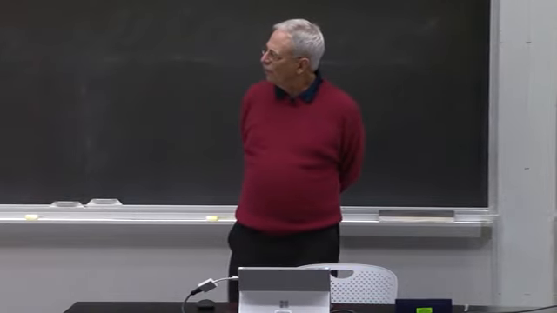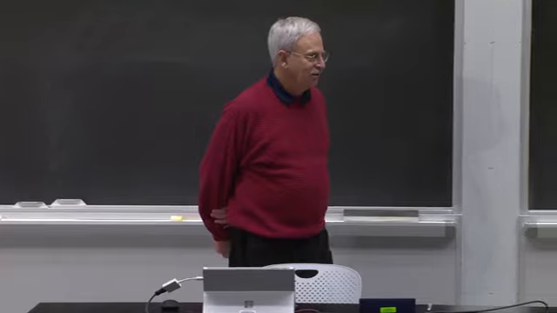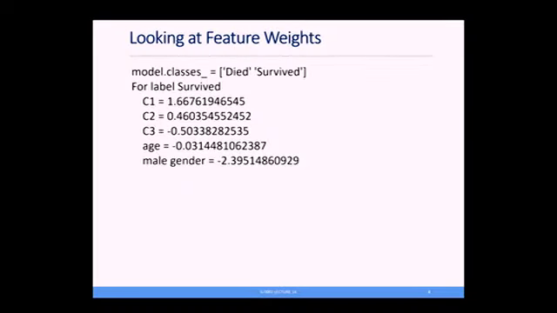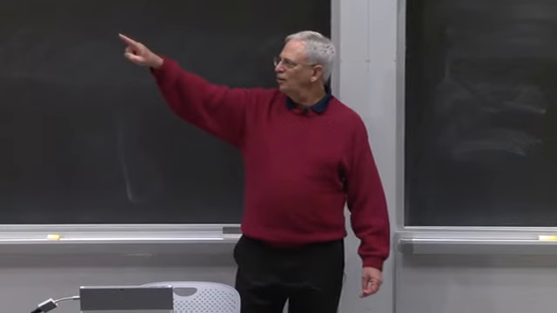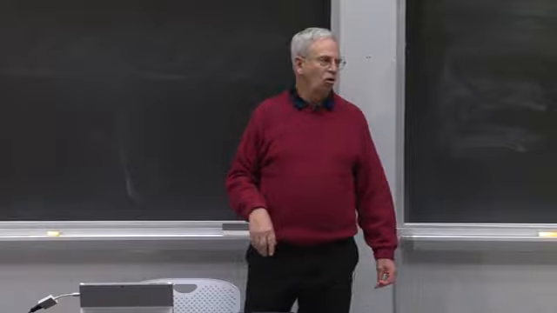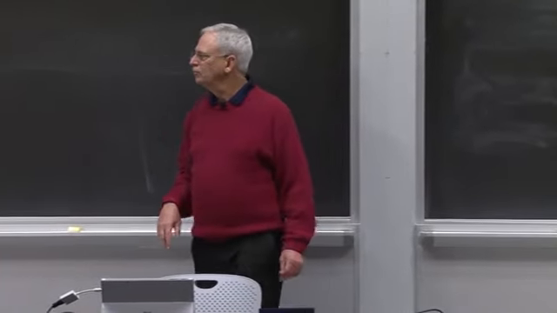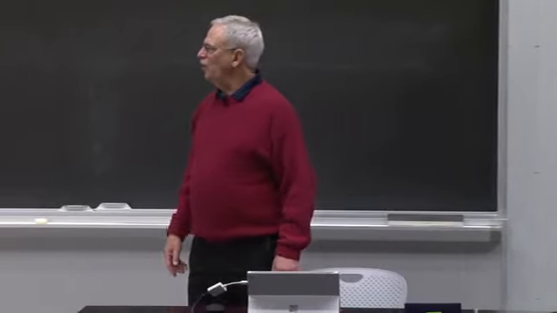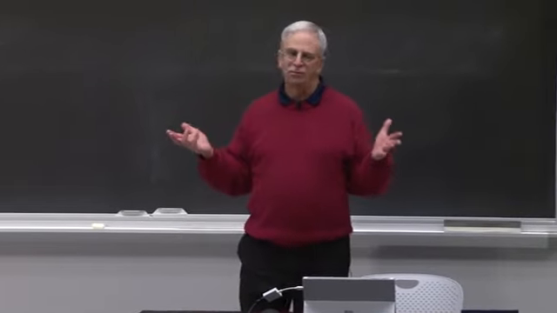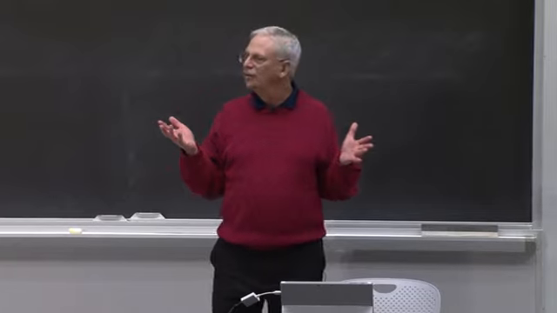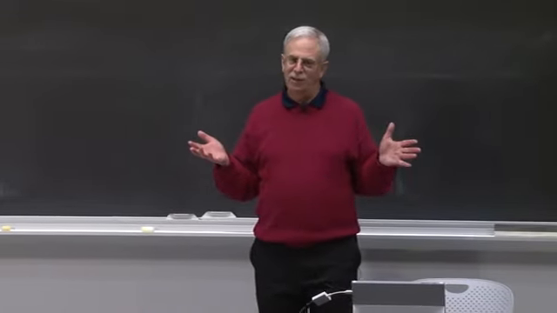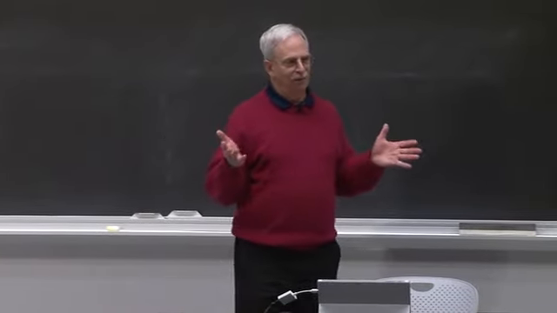Age had a very small effect here, slightly negative. And what that meant is the older you were, the less likely you were to have survived. But it's a very small negative value. And male gender had a relatively large negative weight, suggesting that if you were a male, you were more likely to die than if you were a female.